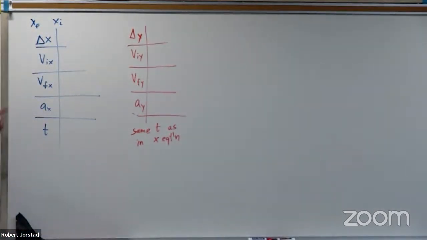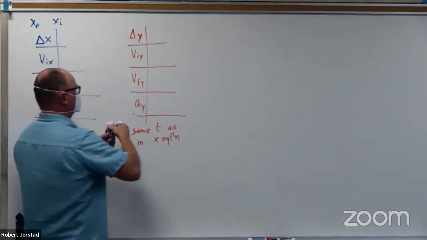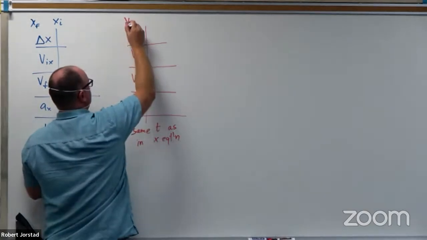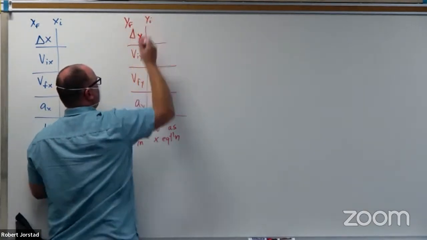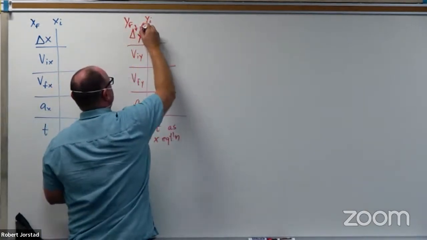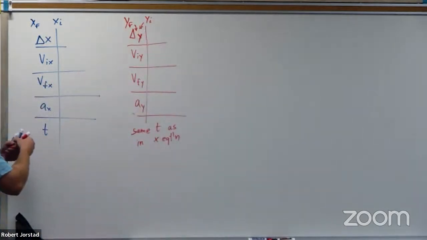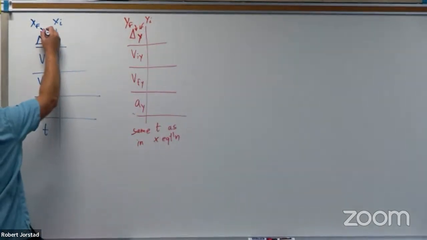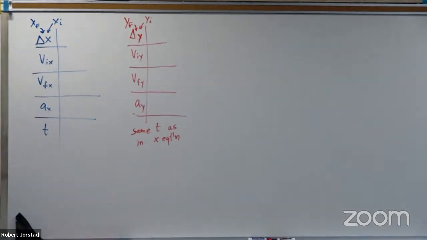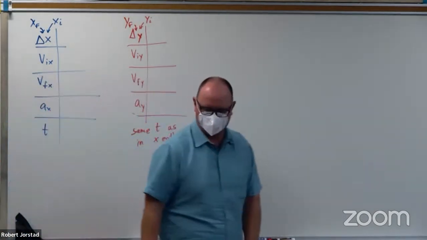That'd be 2 parameters instead of 1. You could also do y final and y initial. Sometimes some problems are easier like that. So you can imagine you're either going to have 9 or 11 parameters depending on how you write your equations. There's going to be a handful that are known, a couple that are 0, and then some unknowns.